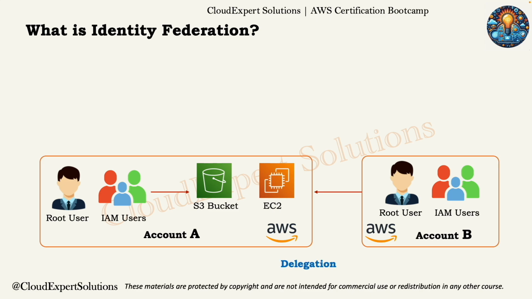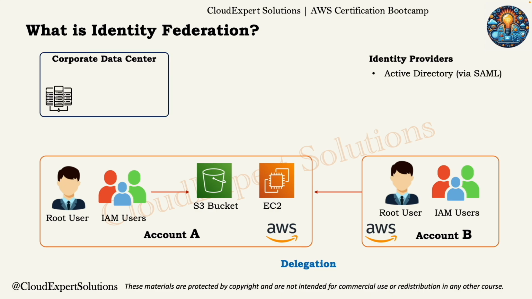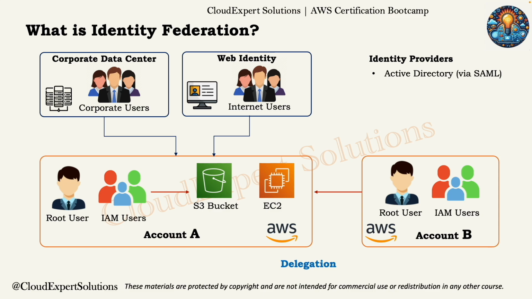You can also share access with external identities, like with your corporate users. If you have a corporate Active Directory or any SAML-based identity provider, you can extend the access to your corporate users. And the corporate users can access AWS resources using their corporate credentials. One more possibility, web or mobile application users can also access these resources via web or mobile application.